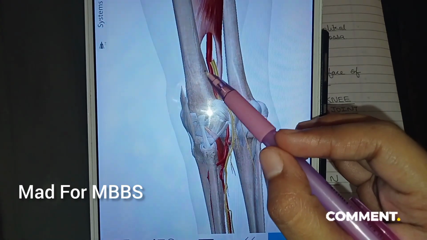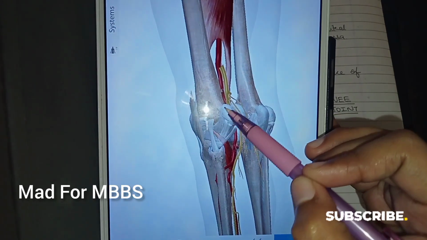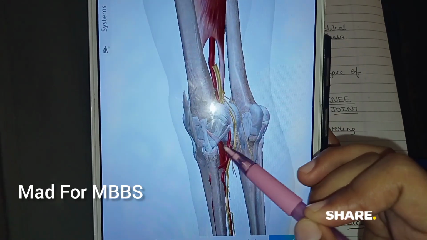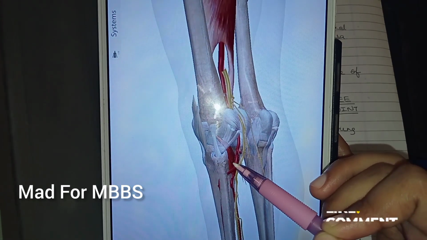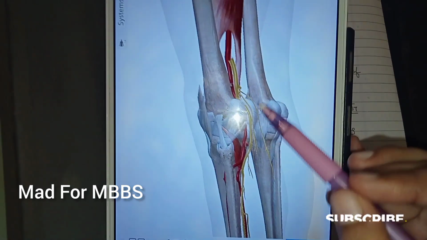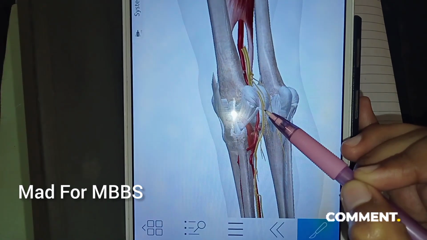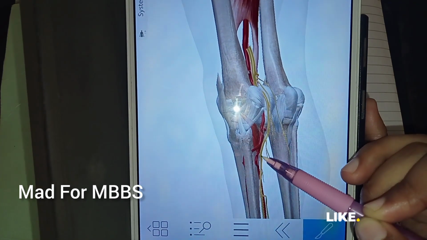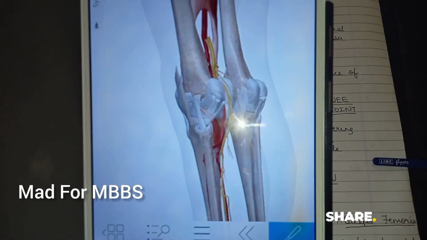So first the femur, its popliteal surface, capsule of the knee joint and the popliteus muscle. And superficially we have the tibial nerve. This is the tibial nerve which is there superficially or posteriorly.